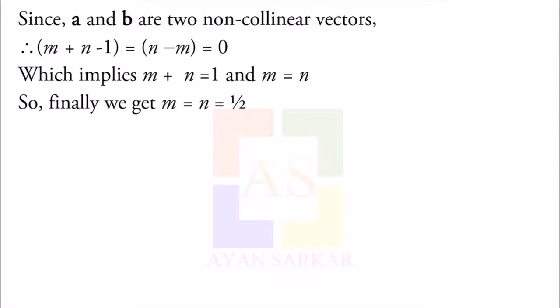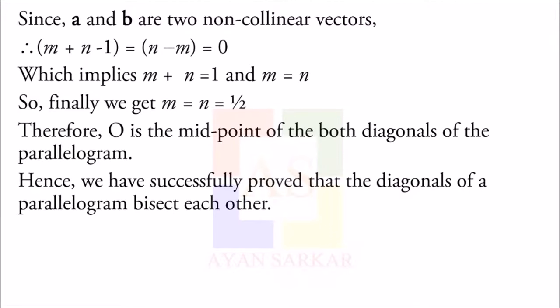So we get a very simple solution, and that is m equal to n equal to half. That means O is the midpoint of both diagonals of the parallelogram. So we have proved that the diagonals of a parallelogram bisect each other.